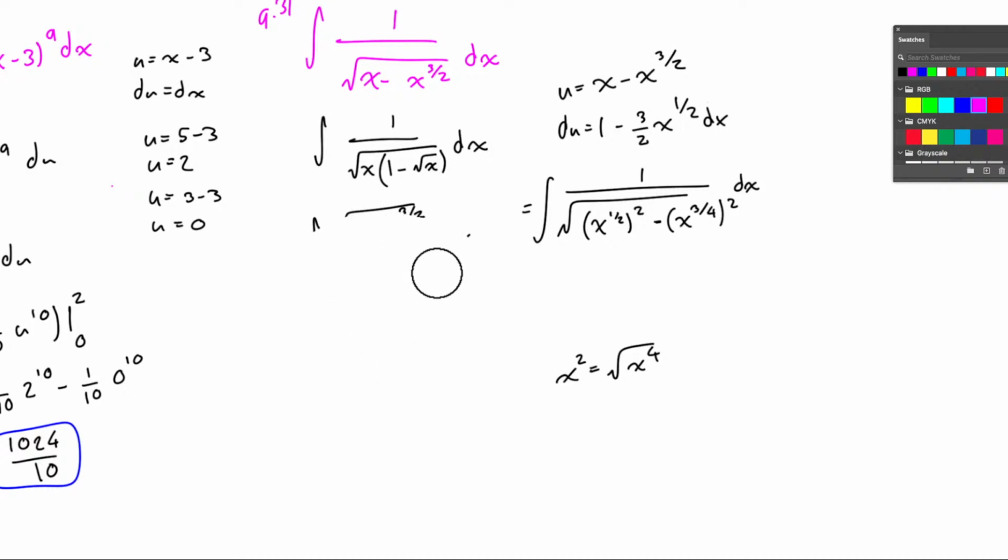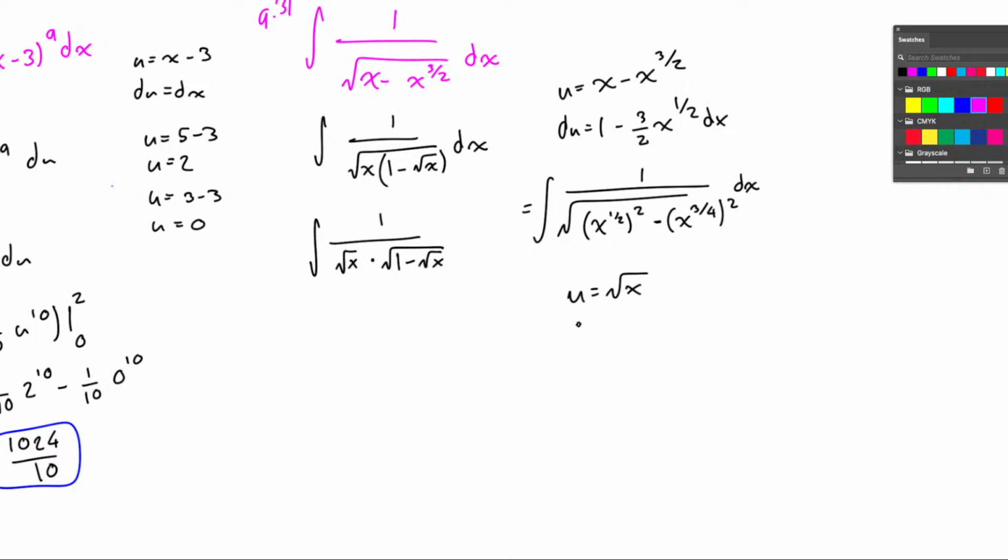I want to go back to this for a second. We have the square root of x in there. Now, we know that this can become 1 over square root of x times the square root of 1 minus root x. If u were to equal root x, that means du would equal 1 over 2 root x dx, right?